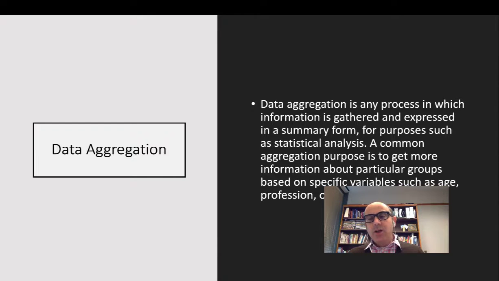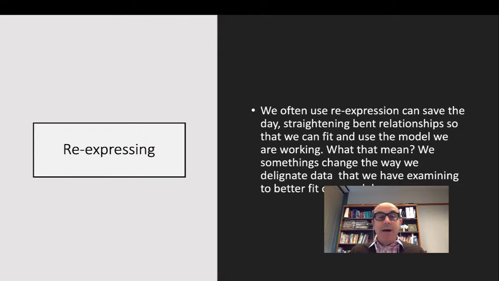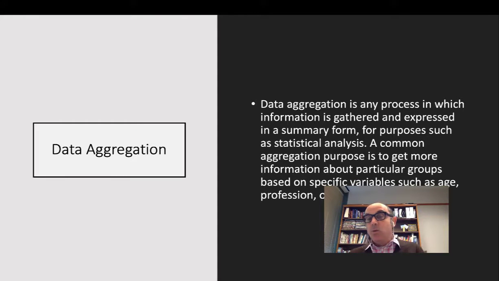Data aggregation is a process in which information is gathered and expressed in a summary form. And again, it can be based on groups or classification groups, such as age, profession, or income. And by doing that, we can sort the data easily.